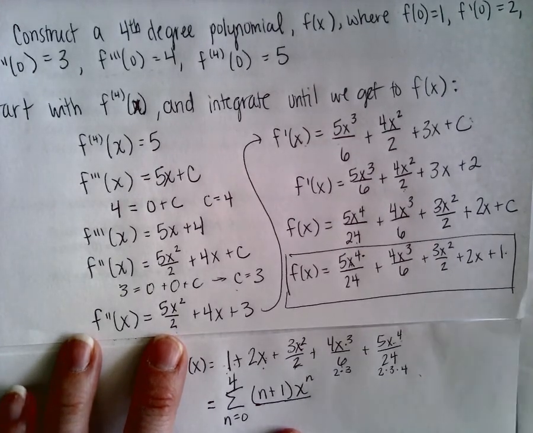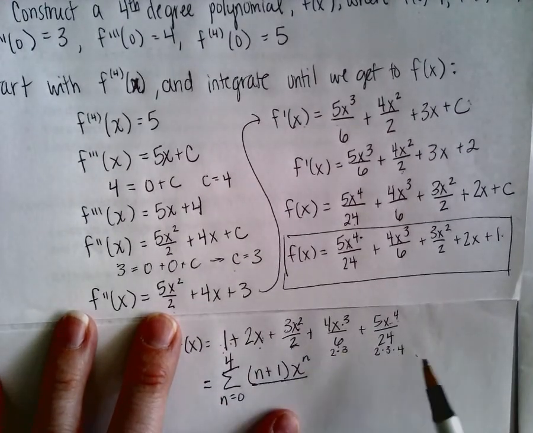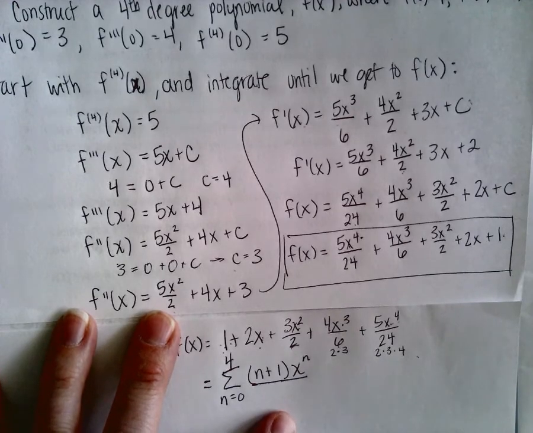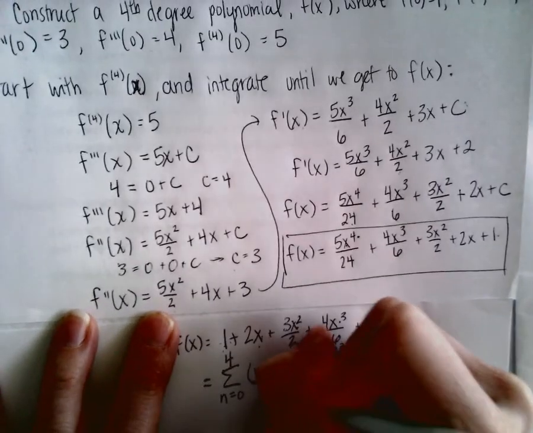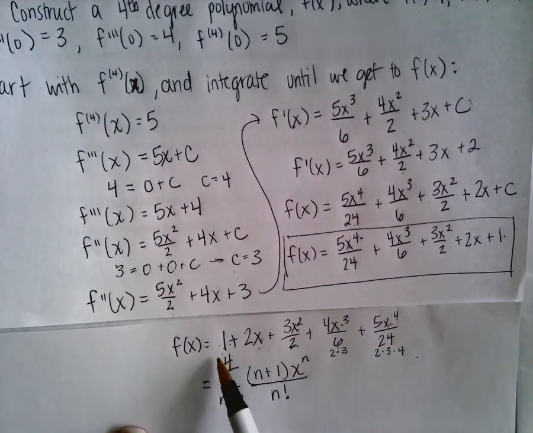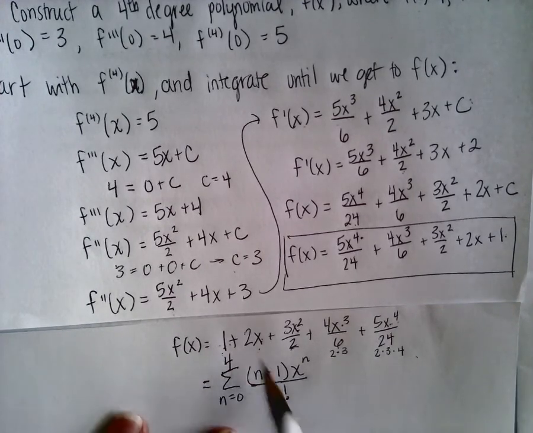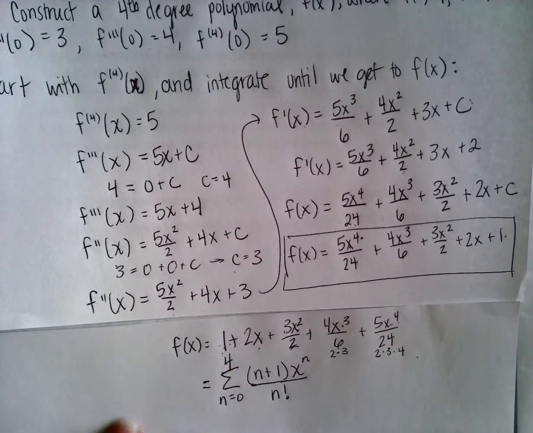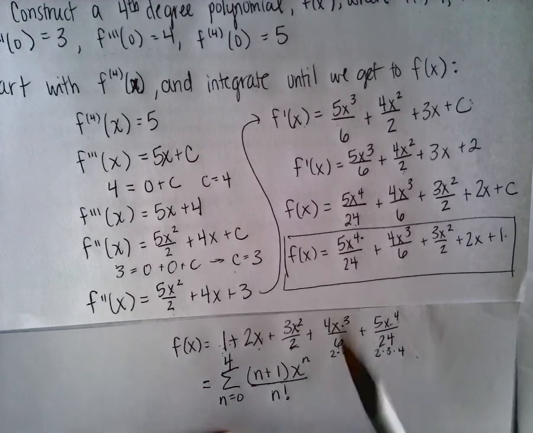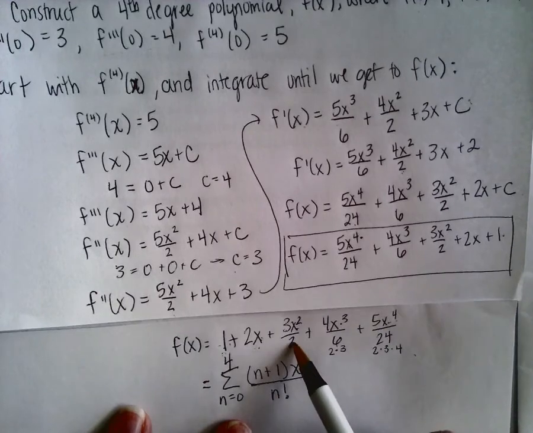So we have a special symbol for when I'm multiplying consecutive numbers, and that's a factorial. So it would be cool if this could be n factorial on the bottom, but we still have to make sure it fits for the previous terms. And it turns out it does, because when we start at n equals 0, 0 factorial is 1. It's like the weirdest math fact, but it's true. 0 factorial is 1. You can try it in your calculator, and you will get 1. 1 factorial is 1, so it works for both of these. 2 factorial is 2. 2 times 1.